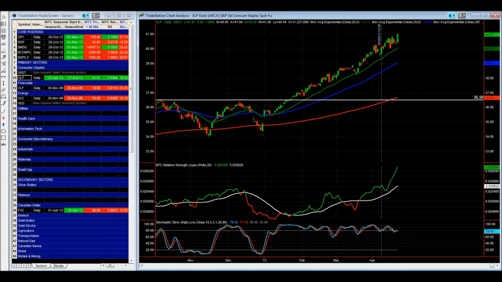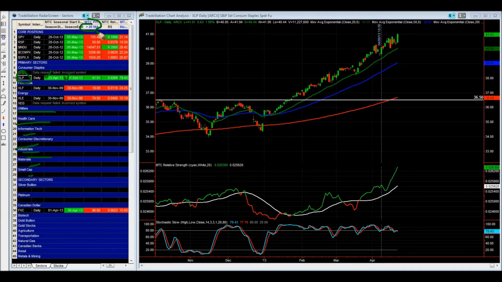If you look at the workspace here, this is a workspace I've been working on to sort of alert me to these things, and I'm going to populate it with more data in these other sectors. Because the sectors are really what I want to look at on a calendar basis. So if you look at consumer staples, the XLP is the ETF that the guys were looking at. You've got seasonal start date, seasonal end date.